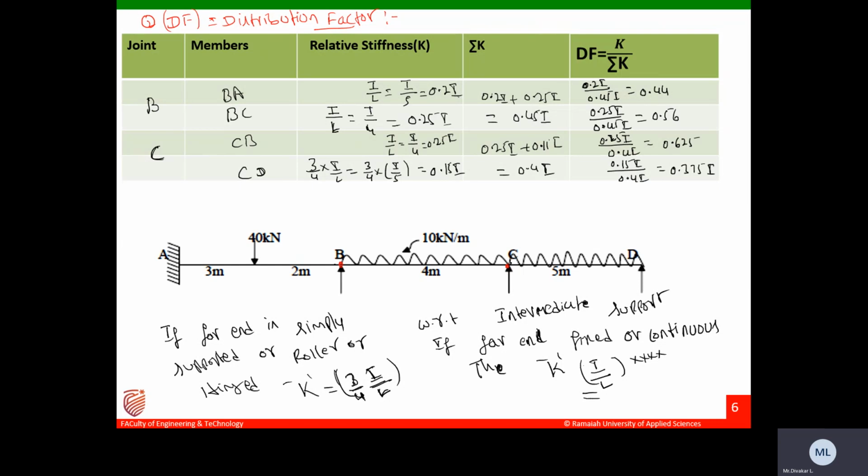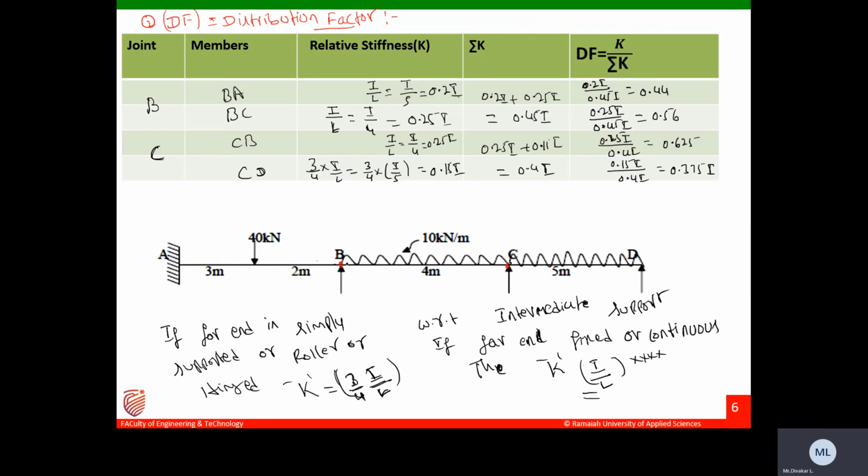So these are the distribution factors for the respective members. Okay, now please remember this, guys. We need to remember that at the intermediate joint, the summation of distribution factors should be 1.